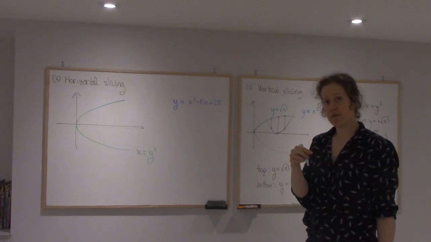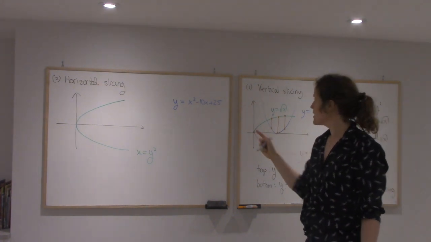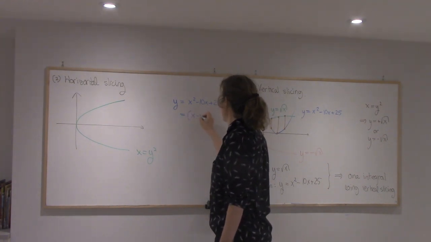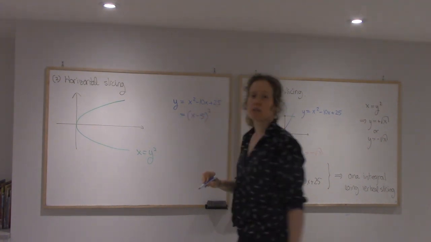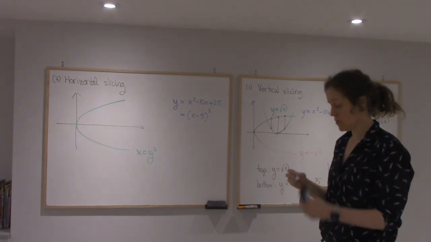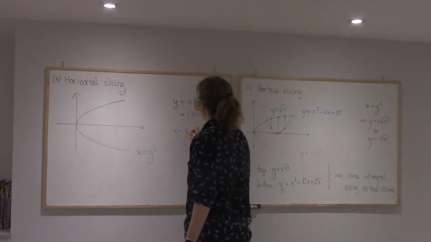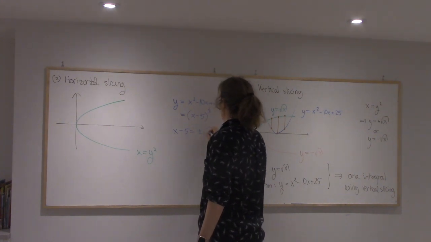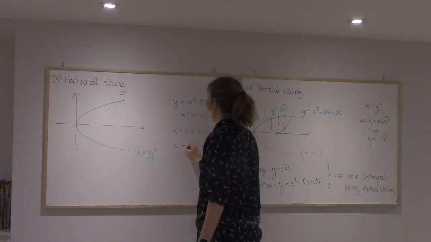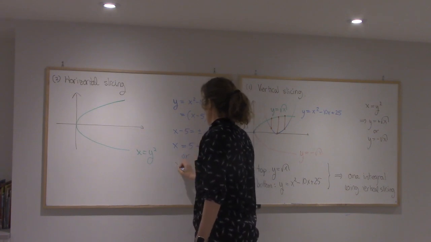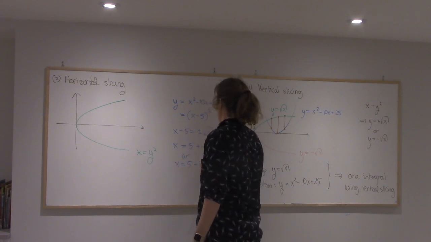To be able to isolate x here, I need to complete the square. Well, in this case, it's not so bad, because what I do have is a perfect square, so I get x minus 5 squared. And so x minus 5 is plus or minus root of y, which means that x is 5 plus root of y, or x is 5 minus root of y.